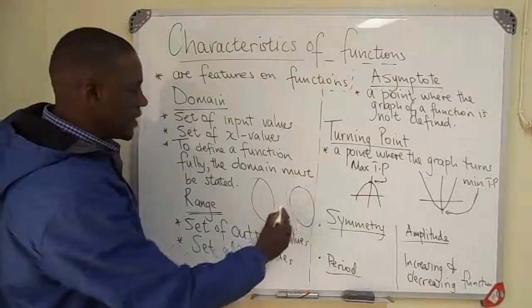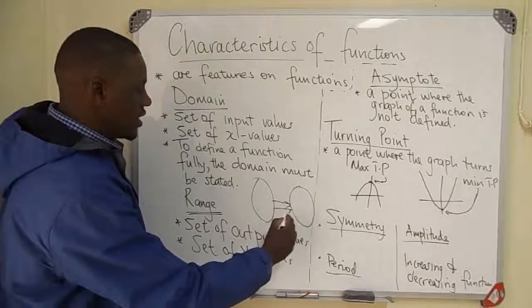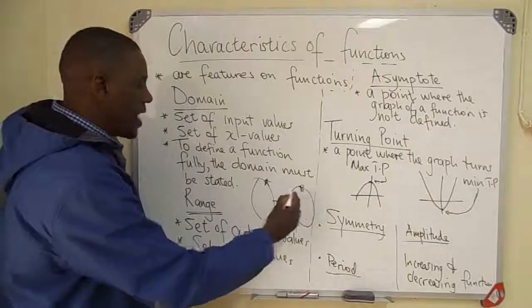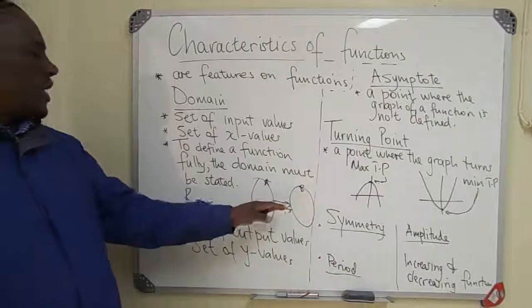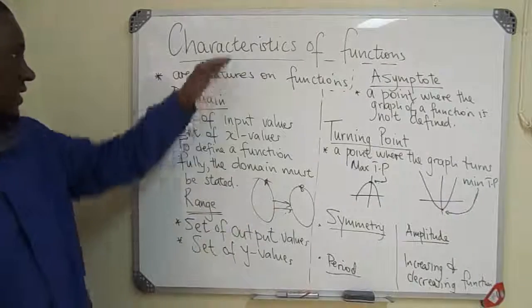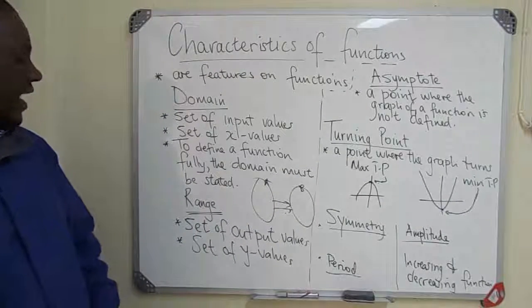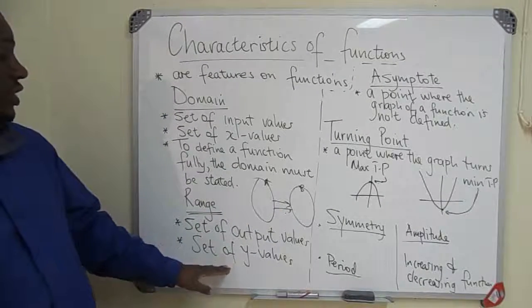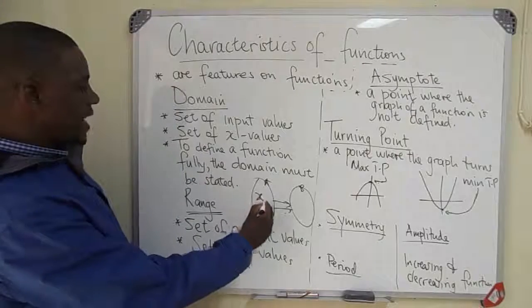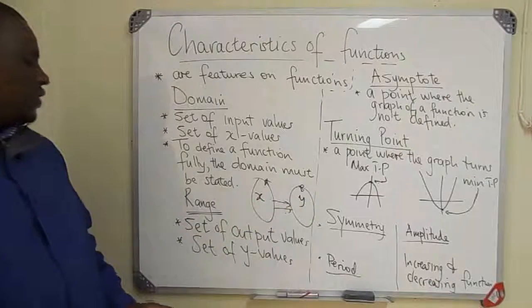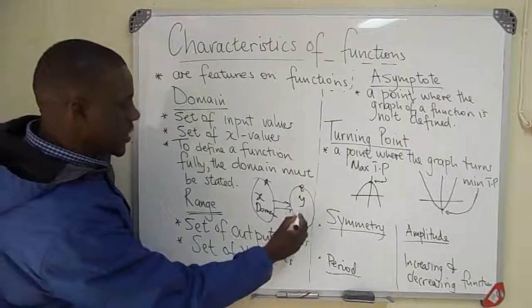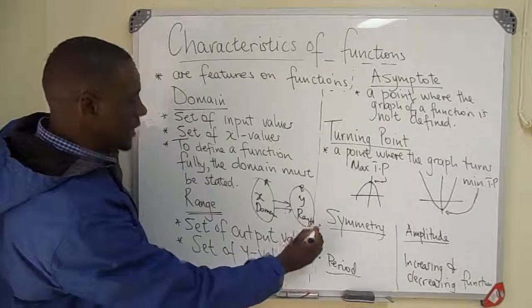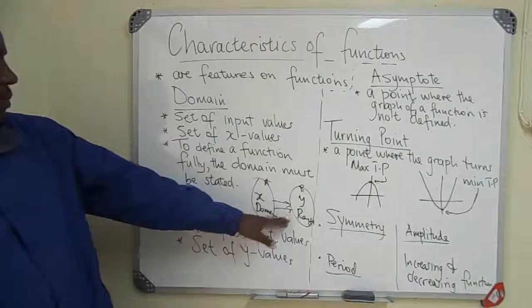So if you have this particular rule that allows you to map set A to set B, this rule has its own characteristics. These are the ones that we are discussing now, the range. So here we say we have x and that is y. This one becomes our domain and this one becomes our range, or our output. We put it in a rule.